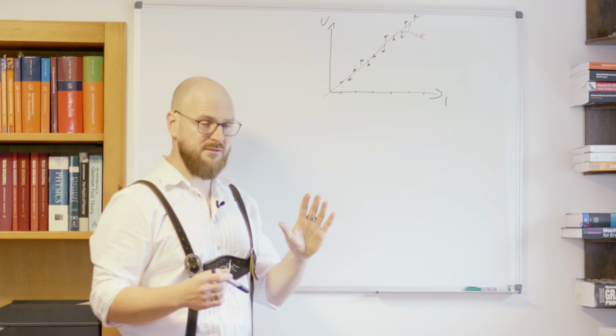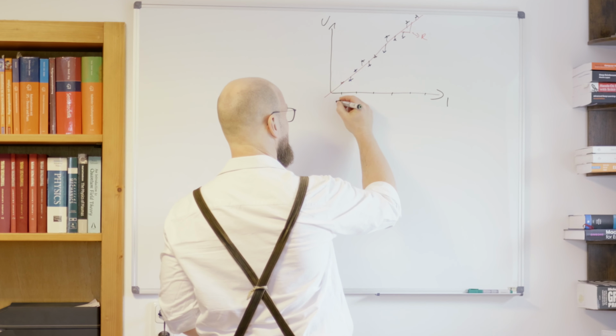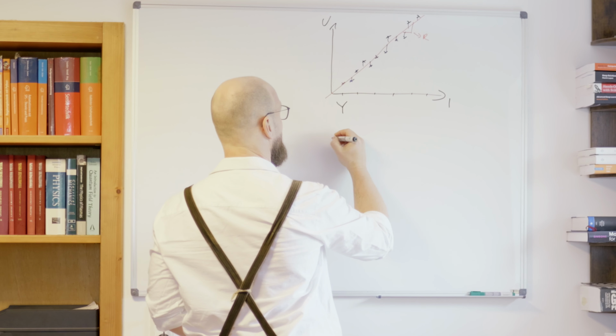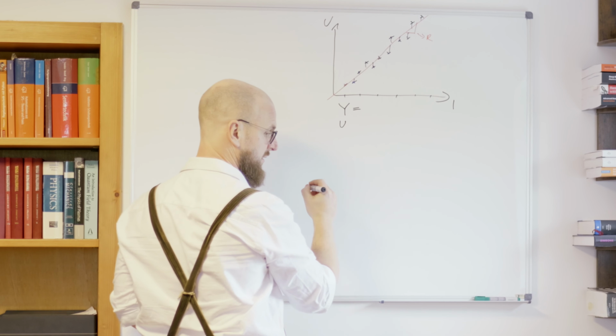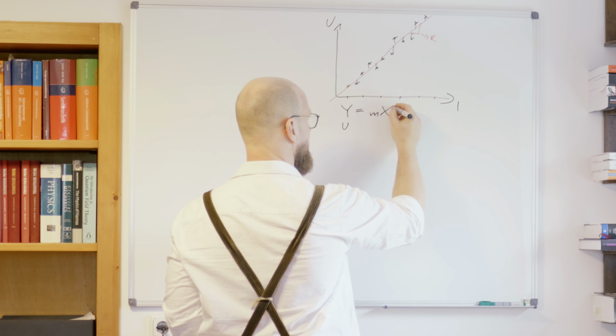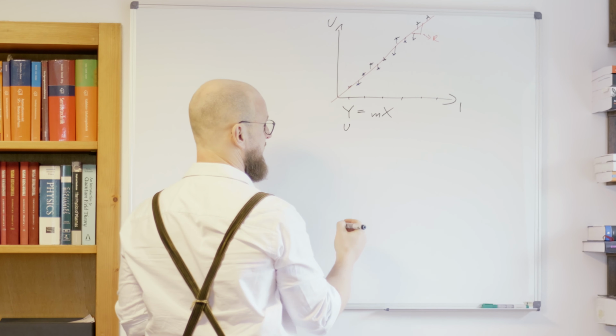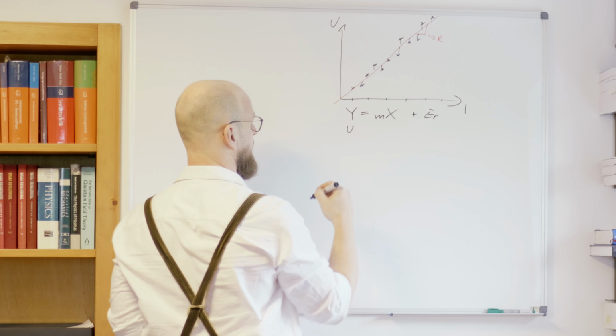We have some given facts. First thing, we know our quantity y, which is u over here, is given as the gradient times the x value plus some errors, the blue errors.